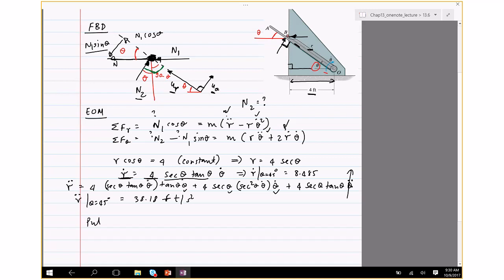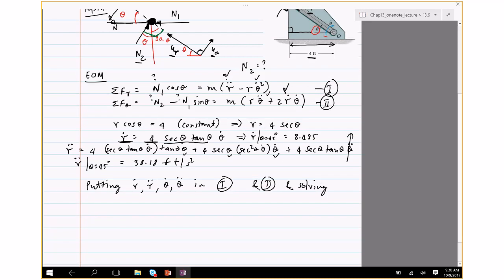So putting r dot, r double dot, theta double dot in, let me call these 1 and 2, and solving for N1 and N2 gives, okay, this is the thing I'm after.